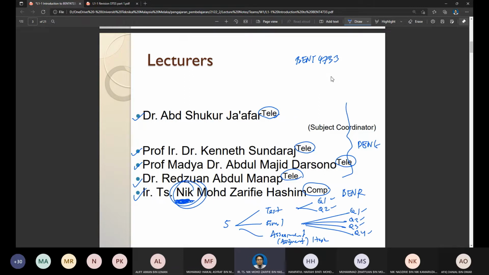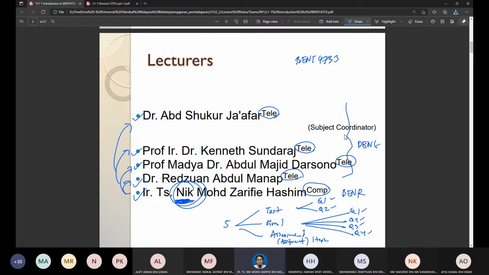So you might consider taking a look at the other styles of the other doctors, Dr. Abdul Shukur, Kenneth, Abdul Majid, and Ridwan Manap, how they teach their classes and their students, the style or something like that. So I think you might discuss or ask something about how Dr. Ridwan taught his class, how Dr. Majid, Dr. Kenneth, and Dr. Shukur did, right? So I think you all got mates from here, okay?